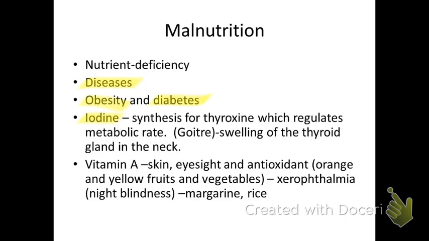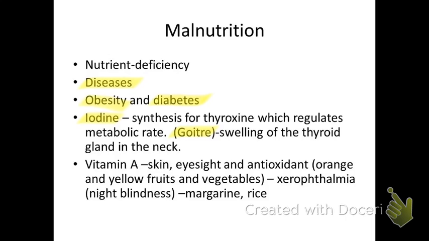If you look in your IB book, you'll see a picture of the deficiency of iodine and the swelling of the thyroid. This has a specific name, goiter, and you need to make sure you're aware of this.